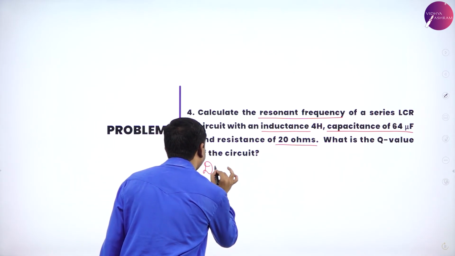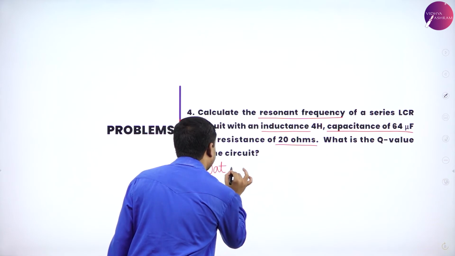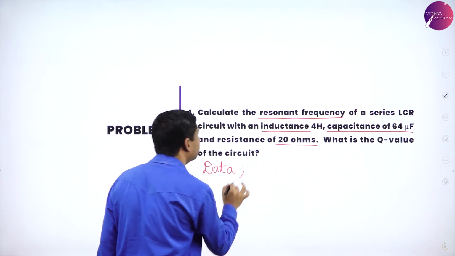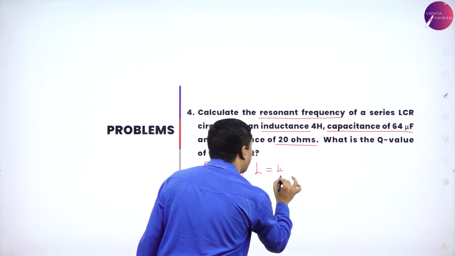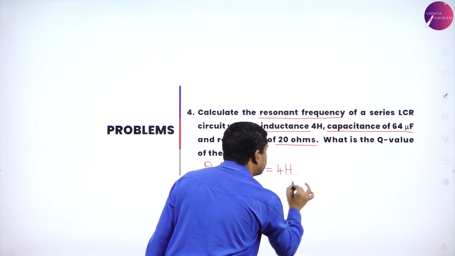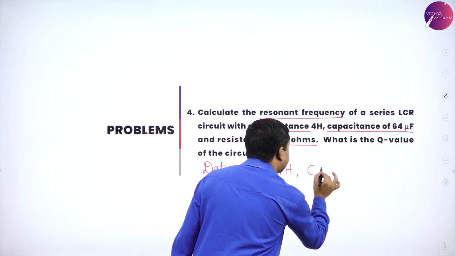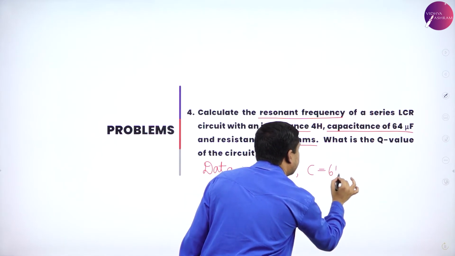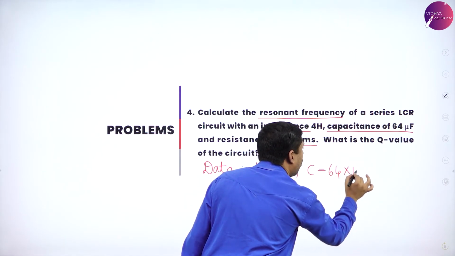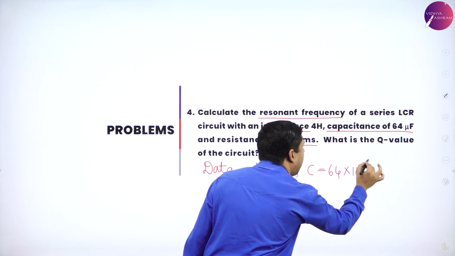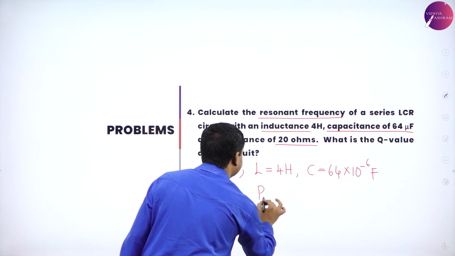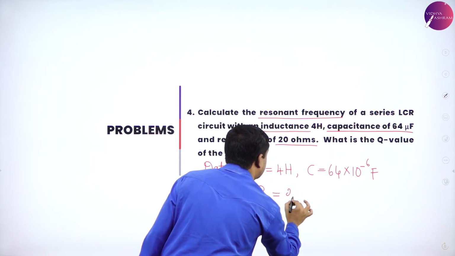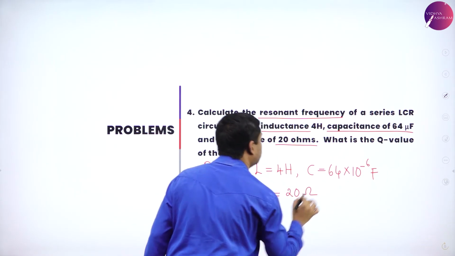Now again, the data says L is 4 Henries, capacitance is 64 into 10 power minus 6 farad, resistance is 20 ohms.